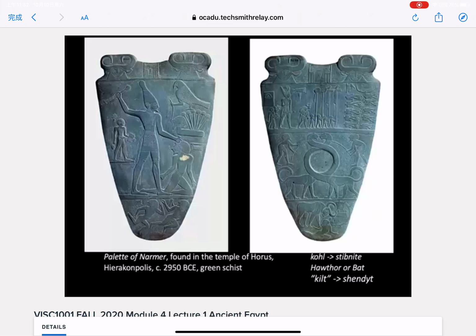And so the palette of Narmer is so significant because if we were to decode the composition, which we will in a moment, we can see that it marks the political unification of Upper and Lower Egypt, and it names Narmer as the king or pharaoh who achieved this.